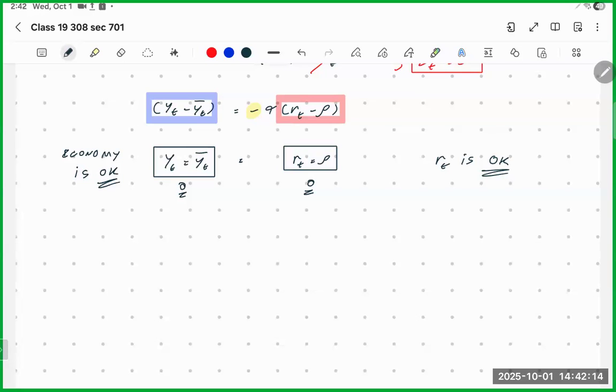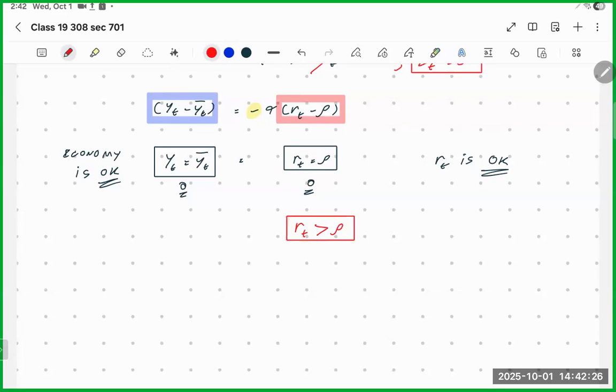Next, if the real rate is too high, r_t greater than rho, the bracket becomes positive. In front of the bracket is a negative, which means the right-hand side of the equation is negative. This is the case where r_t is too high.